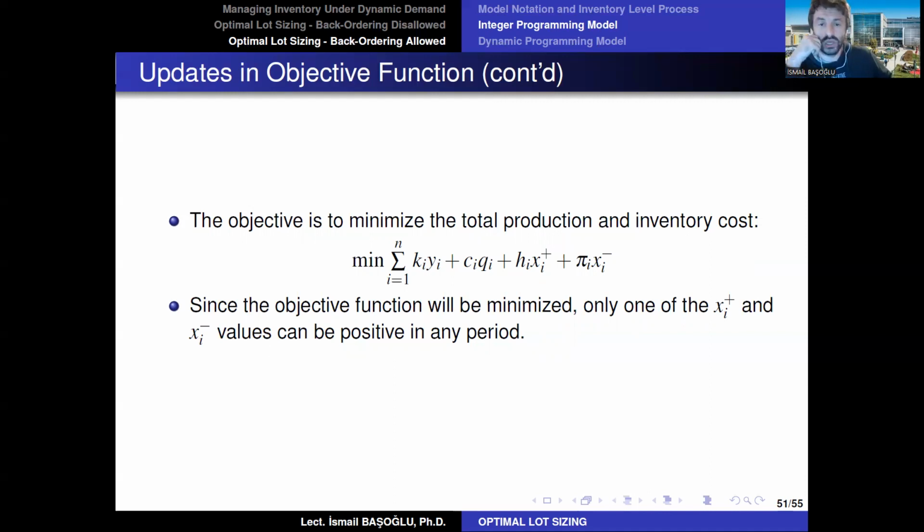If it is going to minimize the objective function, at the end of a period you either will end up with a positive amount of inventory, or you are going to end up with a positive backordering amount, or you are just going to end up with 0 value for both of these decision variables. But they cannot be positive simultaneously for a single period.